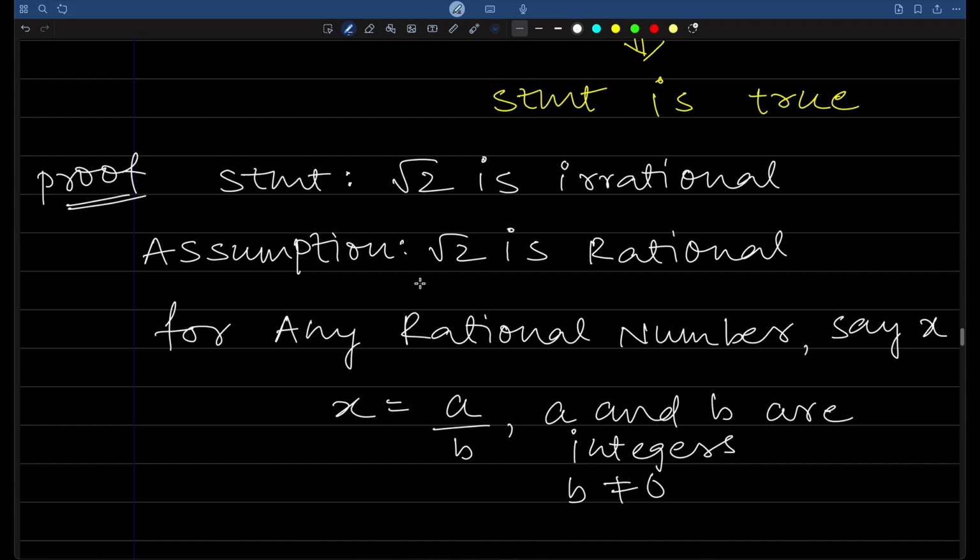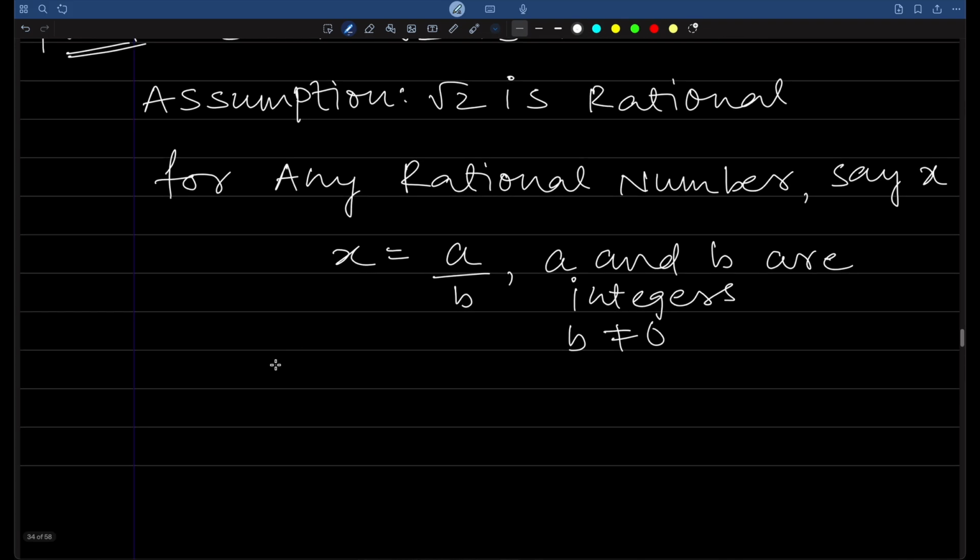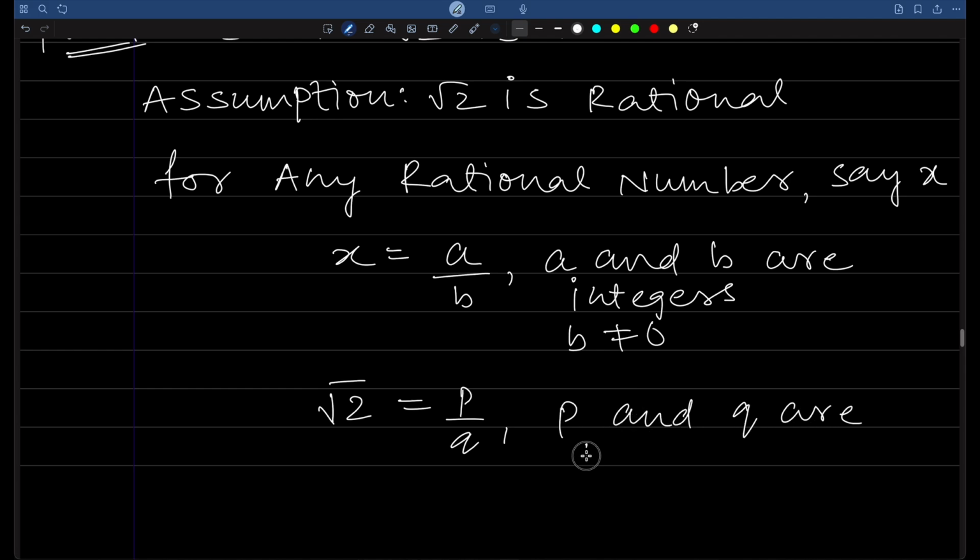In this case, we have assumed that root 2 is rational, so we can represent root 2 equals p divided by q, where p and q are integers and q not equal to 0.